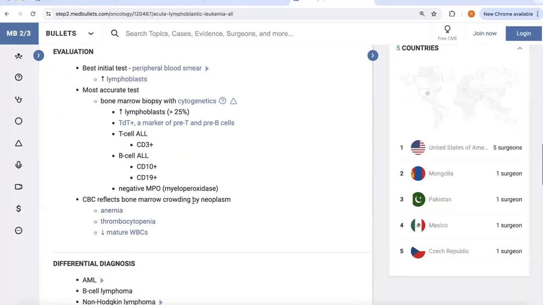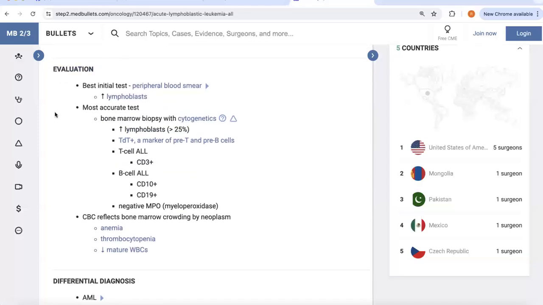So if you look over here, the evaluation is the main thing that I want you guys to read. So when you think about leukemia, you did a full blood count and you did a peripheral blood film. Peripheral blood film showing that the patient has increased lymphoblast. So then you think that, well, it must be acute lymphoblastic leukemia.